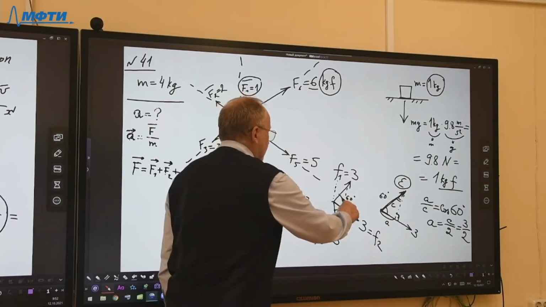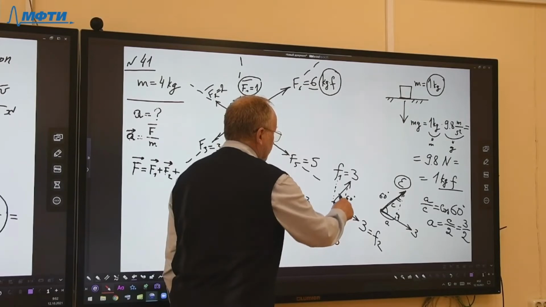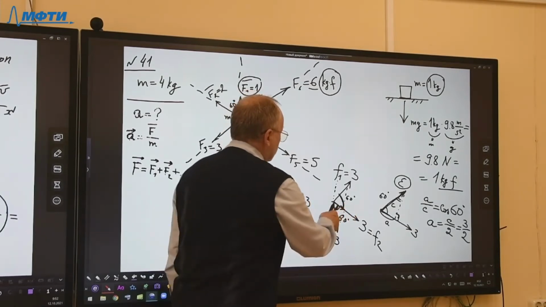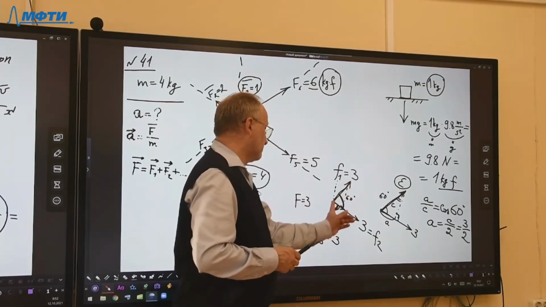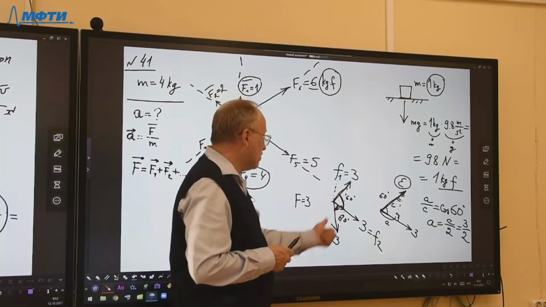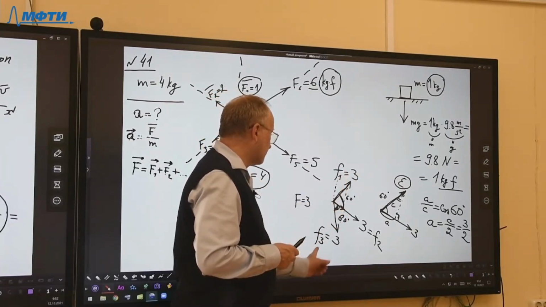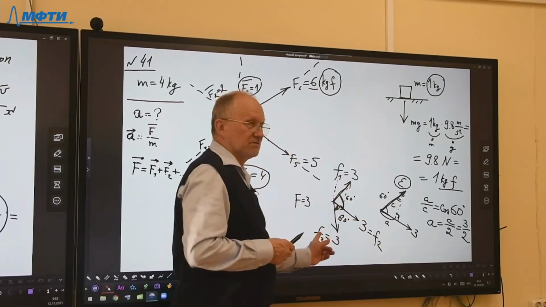As these angles are the same, both 60 degrees, and both forces F1 and F3 have equal magnitude, the components of these 2 forces perpendicular to the direction of force F2 are equal.